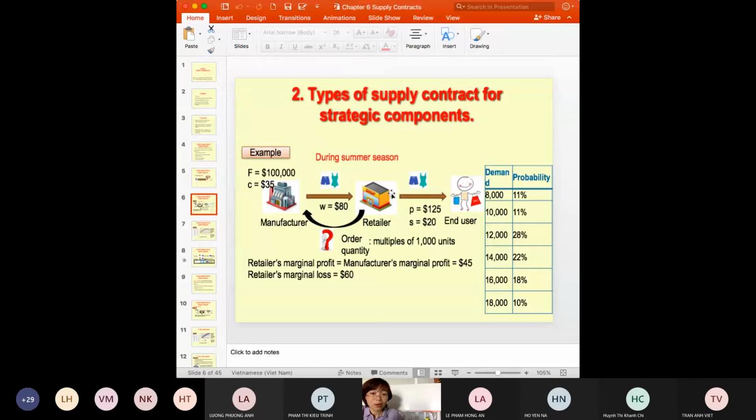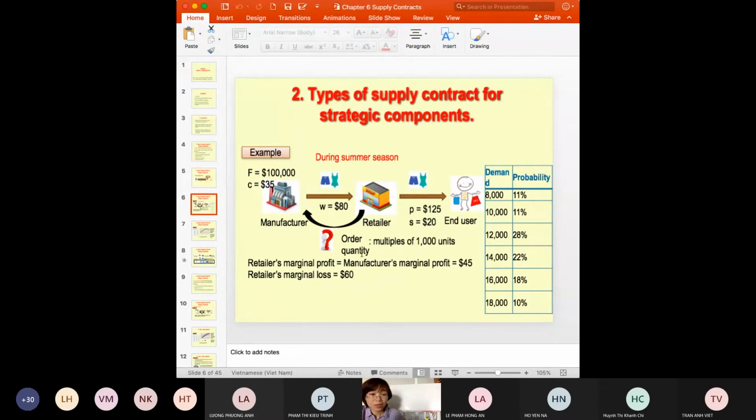The retailer sells to the customer at a price of $125. And there is the salvage value of $20. Salvage value means after the summer season, the retailer sells all the product they have left with a discount, discounted to $20 per unit.